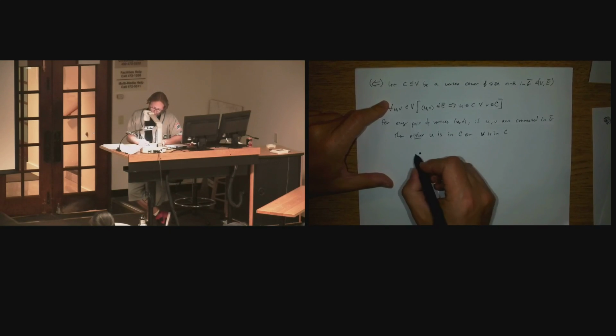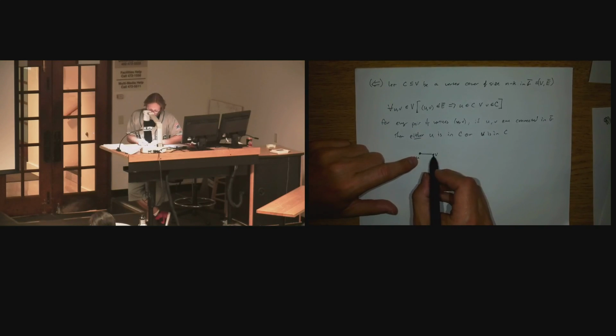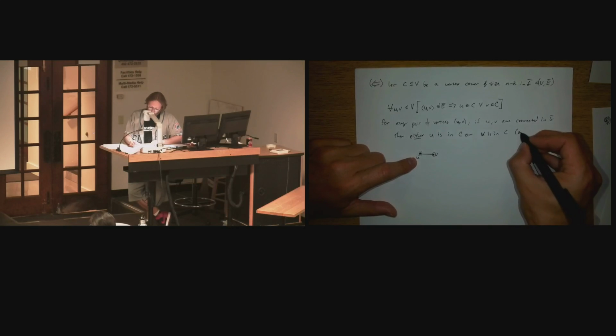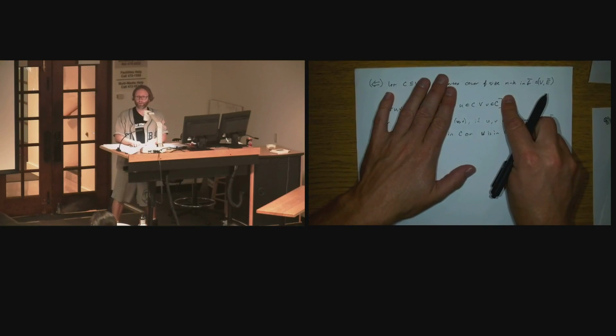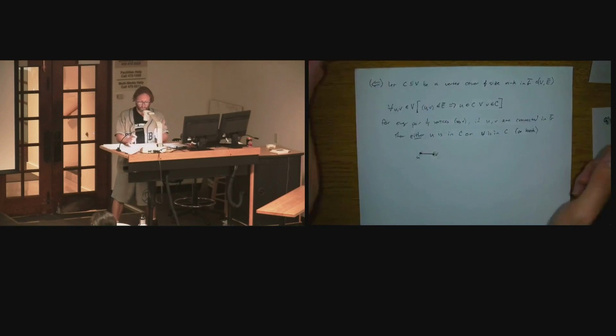Here's U and here's V, and they're connected. So to cover this edge, either this one has to be in the vertex cover, or this one, or both. But that's covered by this right here. True or true is still true, so that's okay.